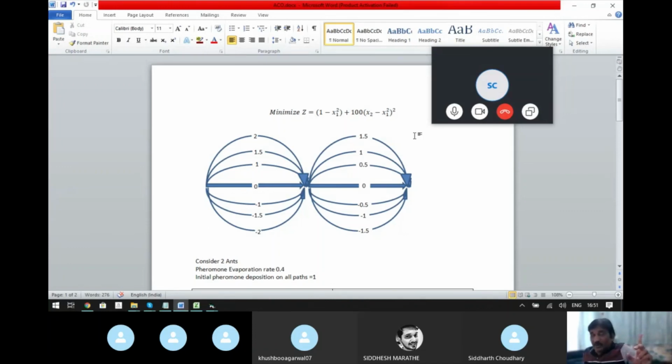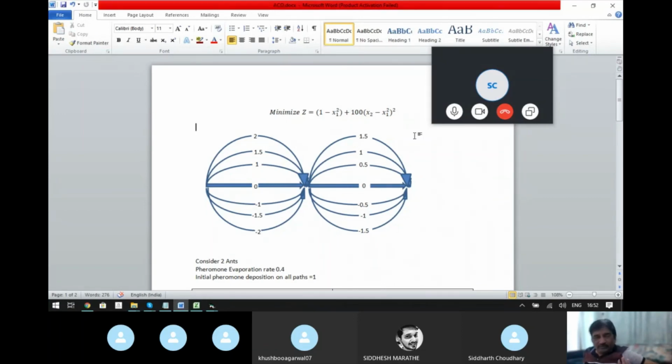In the TSP problem, we knew the contribution of the length of the arc in the total length of the journey of the traveling salesman. That's why we could use that formula for finding the probability. What was that formula? Tau ij into eta ij upon summation of tau ij into eta ij, for all the paths.